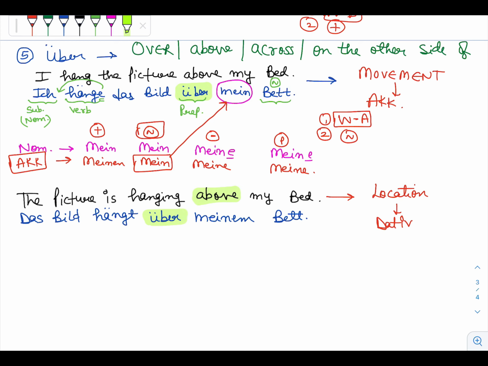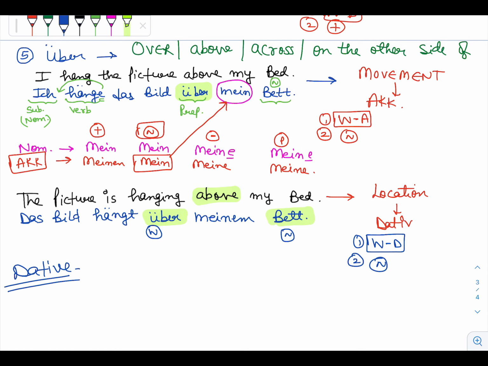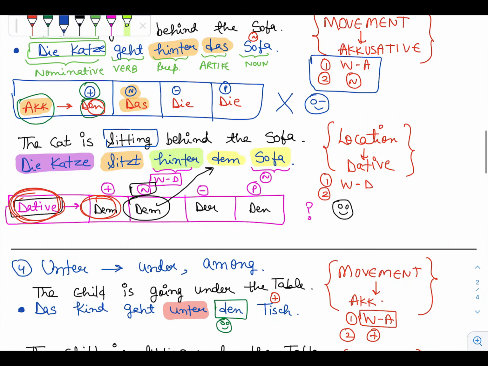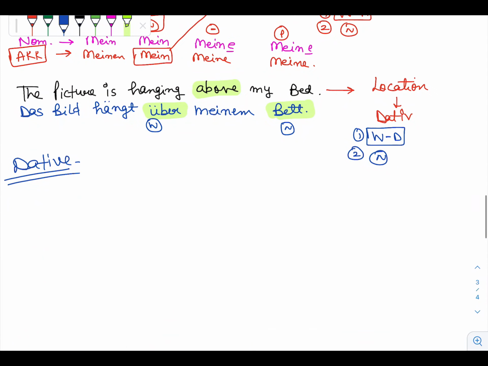So here I used a Wechsel preposition, and here Bett takes neutral. So first thing Wechsel of dative, second thing what we require is neutral. So dative again is the same as that only. Here what we use is em ending, right?